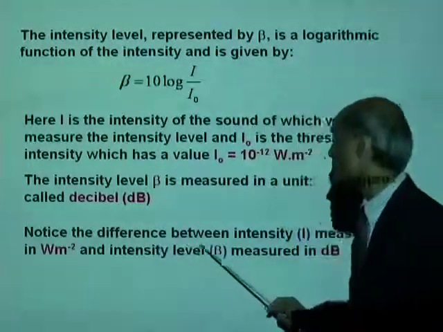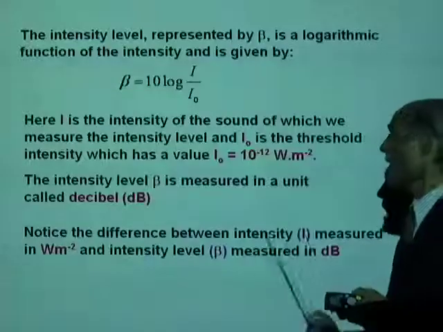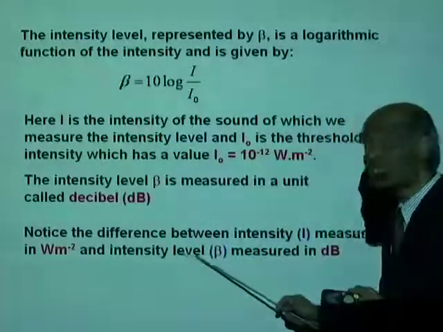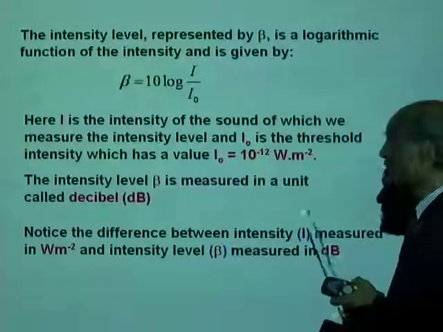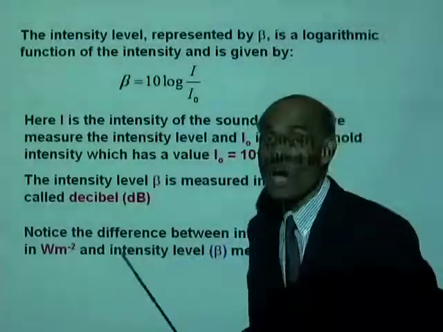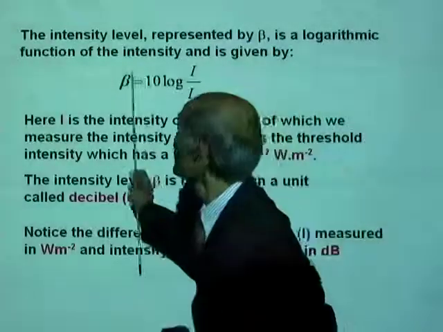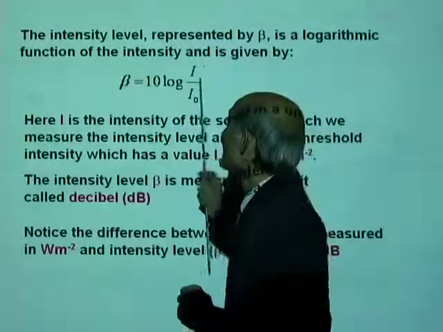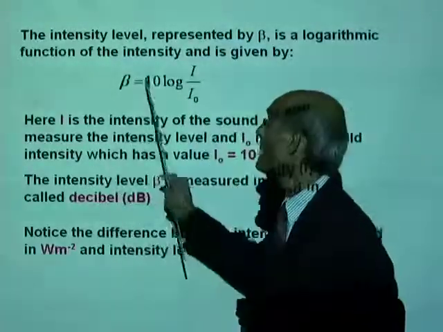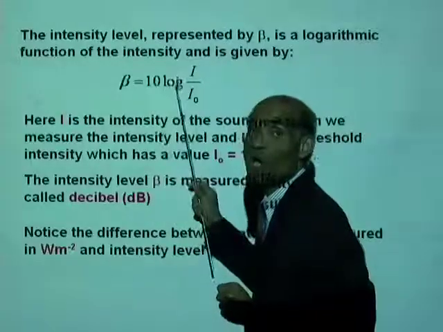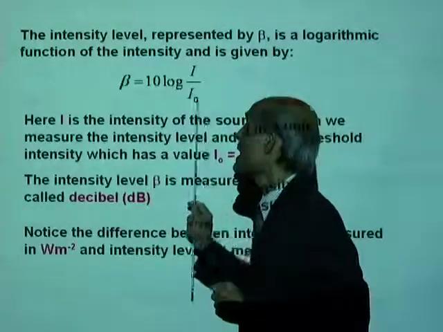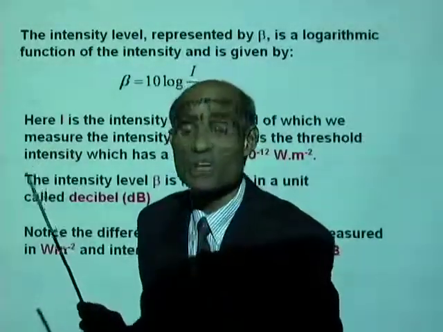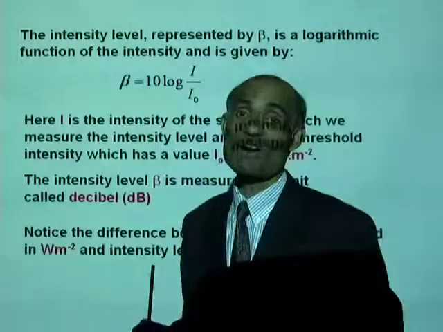Now notice that the difference between intensity I measured in watt per meter square and intensity level beta measured in decibels, they are not the same, although the intensity level beta is determined by the intensity I. Beta equal to 10 log I divided by I0. That's an important equation that connects the intensity level and the intensity of a sound.